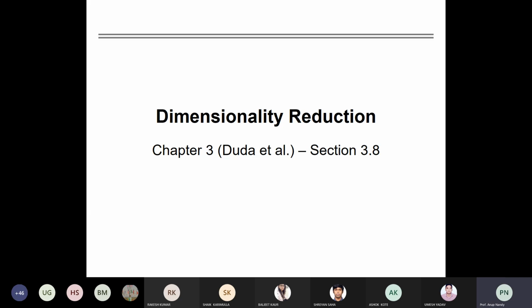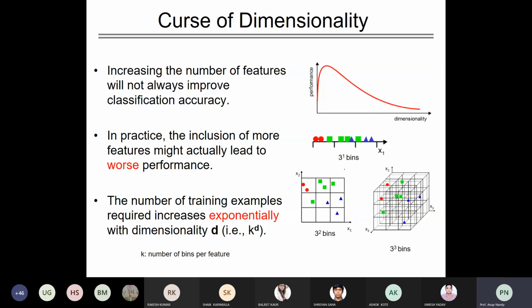Now firstly you need to understand the concept of curse of dimensionality. This is a common term that you often come across in many literatures or books. The curse of dimensionality occurs when the number of features increases. We have some hypothetical concepts that if you have more features, your classification accuracy will be higher, but all the time this is not the case.